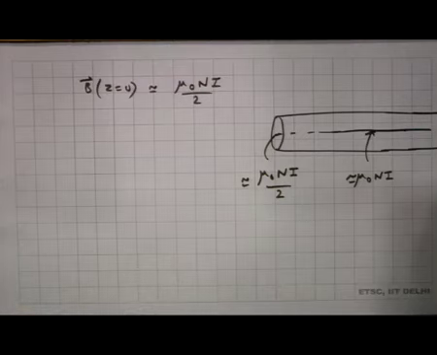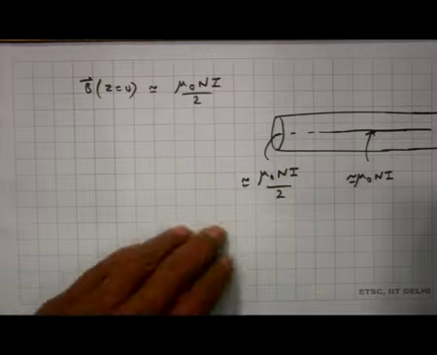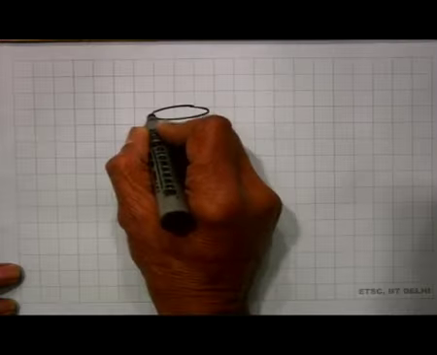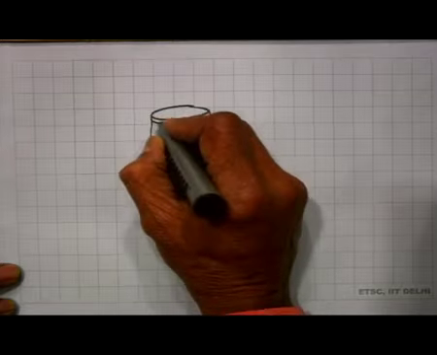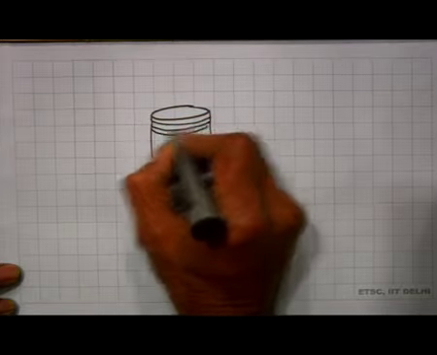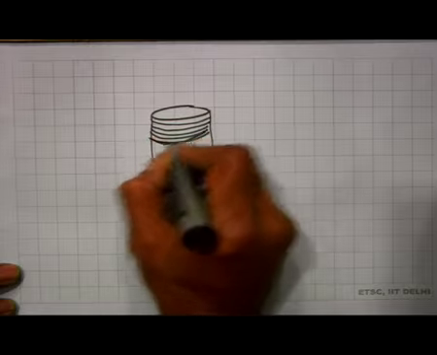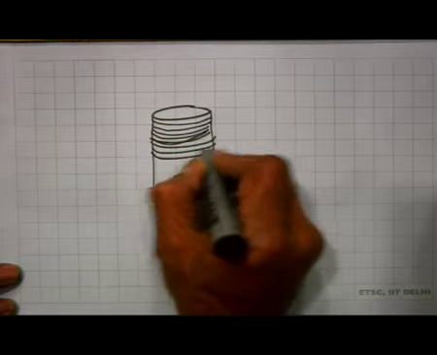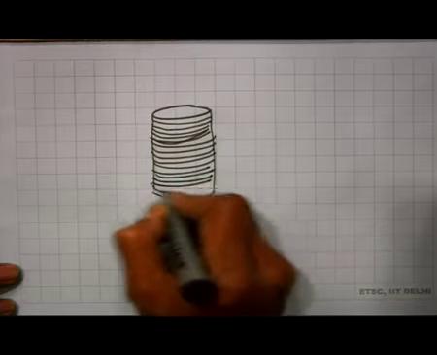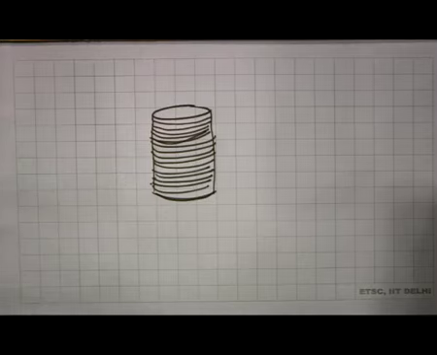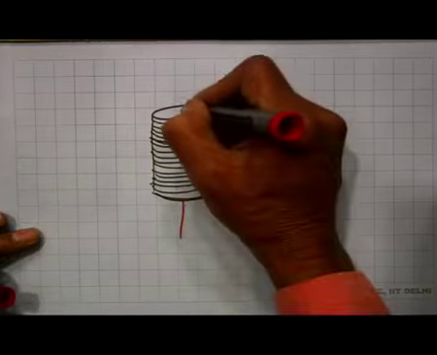So, let me draw a figure which will show you an approximate picture of the magnetic field lines of a finite solenoid. So, here is the solenoid. So, let me draw the current carrying loops like this. So, this is a closely wound solenoid of finite length. So, if I were to draw the magnetic field lines, they will look something like this.